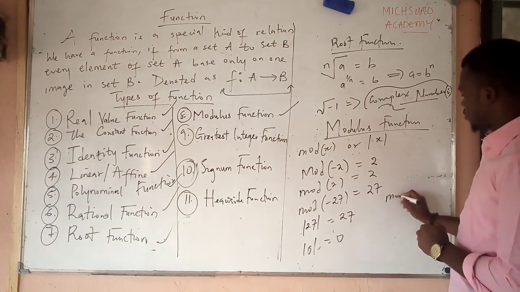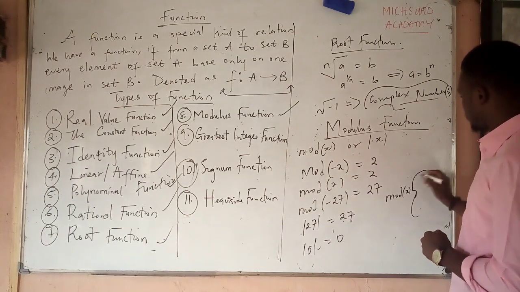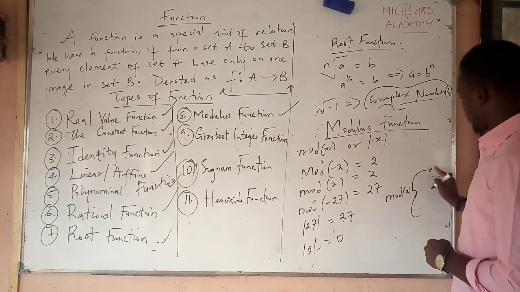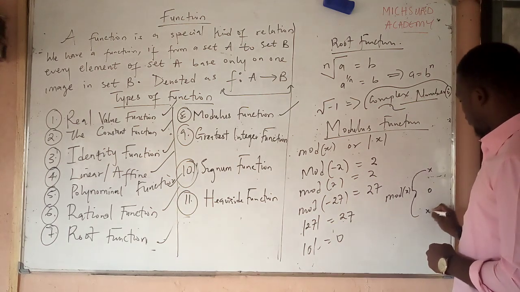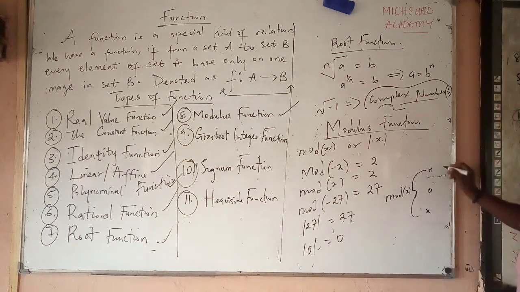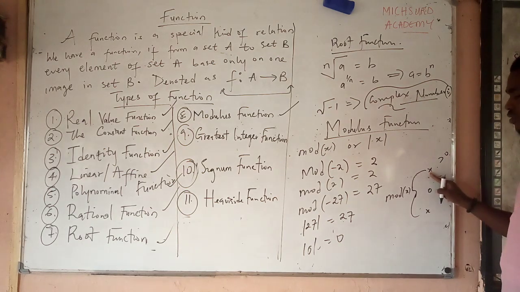So we can use this to show the different forms of this. Let's say we have x, 0, and positive x. Even if our x is greater than 0, we are going to have the positive x.